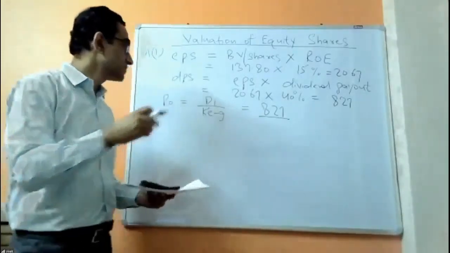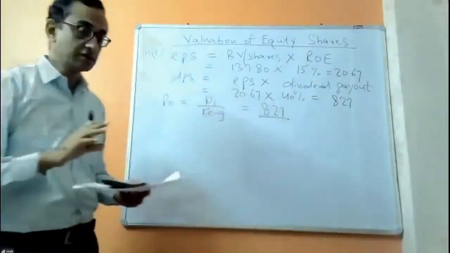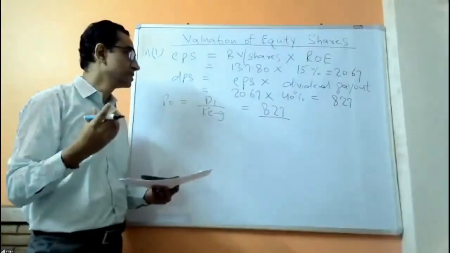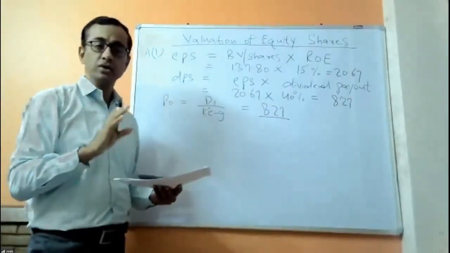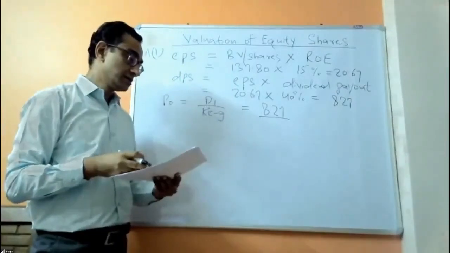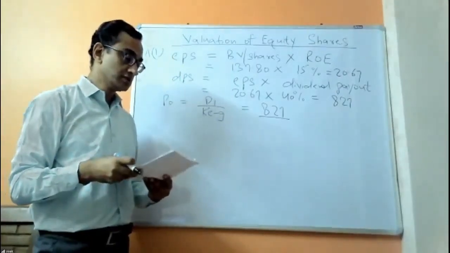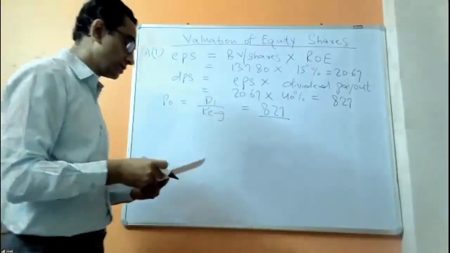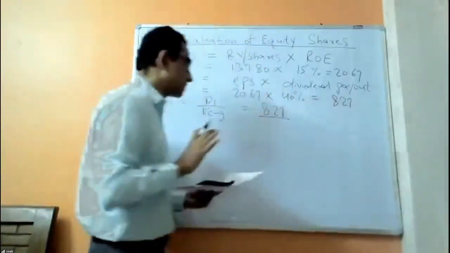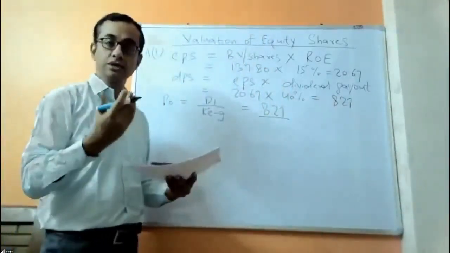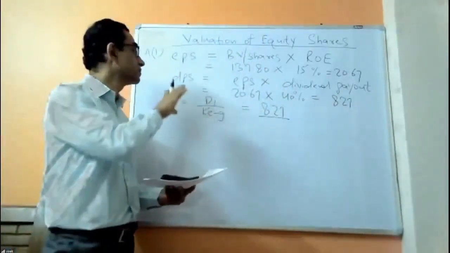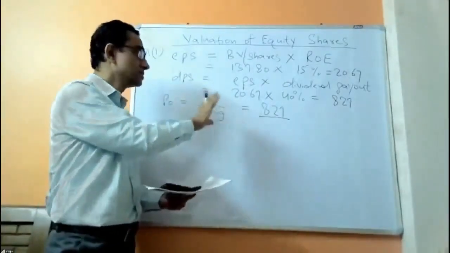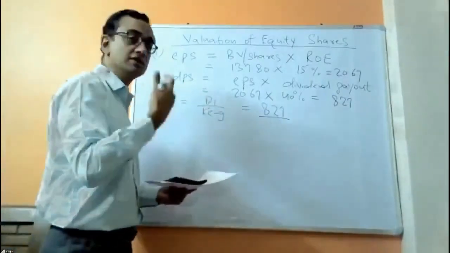Otherwise, you can give a note that this 8.27 figure is at the current day rate, and multiply it by the growth rate also. So both these methods can be followed. But you can safely assume that 8.27 is the dividend at the end of the year, since EPS is a value at the end of the year and balance sheet figures are available at the end of the year.